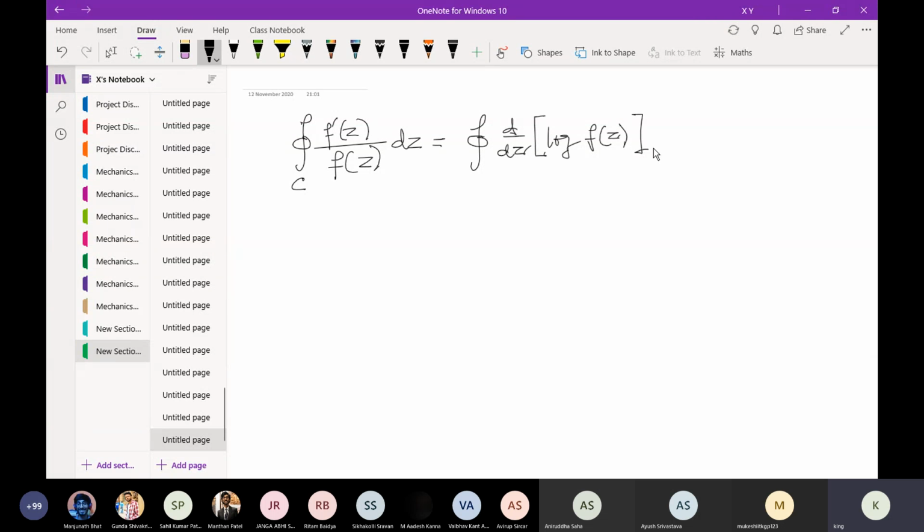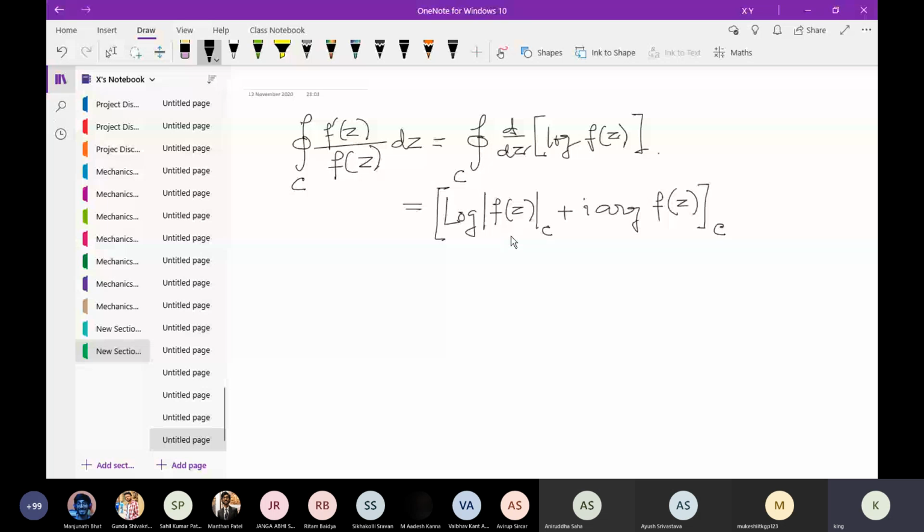This is log of fz, and this is going to come out as, unlike scalar functions, a modulus part and an argument part, and this has to be evaluated over the domain C. That is why this name comes up, the principle of argument.